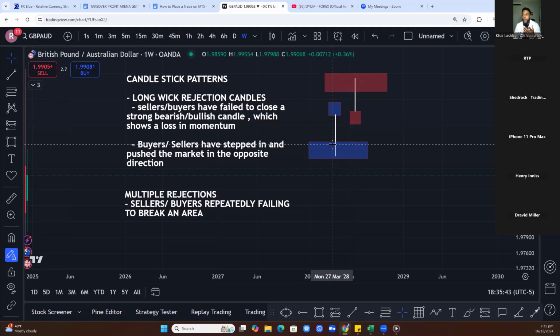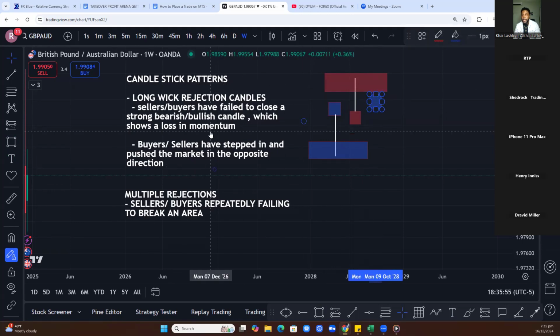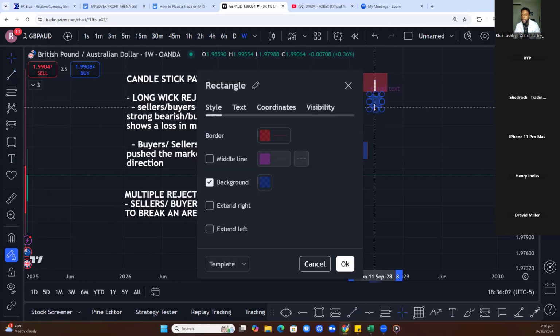So, for example, as opposed to seeing one rejection candle like this, maybe you might see multiple, where price came up to the particular area and we are rejecting.